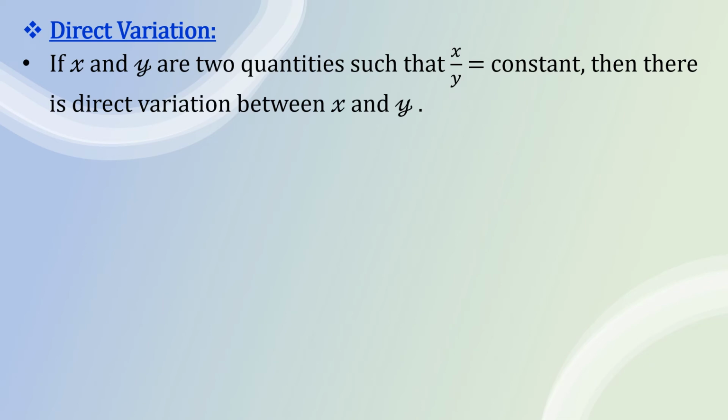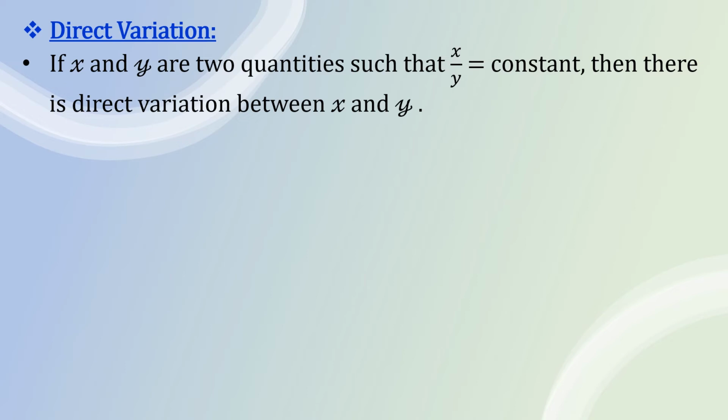Now students, in direct proportion, a few things you have to remember. If X and Y are two quantities such that X upon Y is equal to constant, how will you identify whether it is direct variation or inverse?